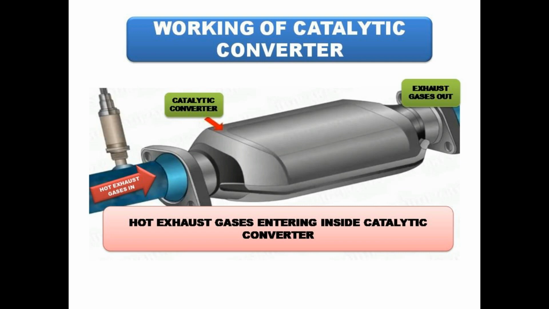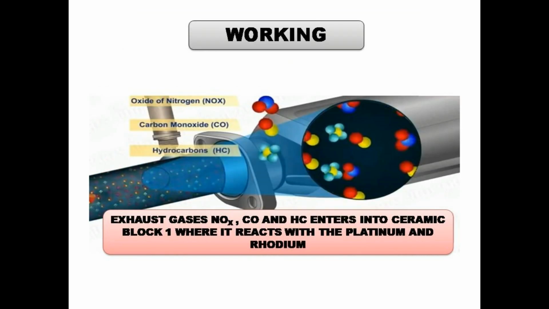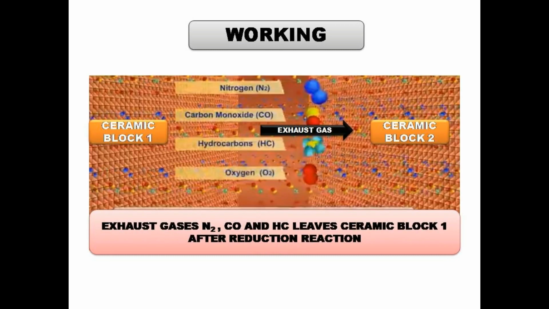Now let us discuss about the working of catalytic converter. The hot exhaust gases enters inside the catalytic converter. Hot exhaust gases like oxides of nitrogen NOx, carbon monoxide CO and unburnt hydrocarbon HC enters into ceramic block 1 where it reacts with platinum and rhodium.